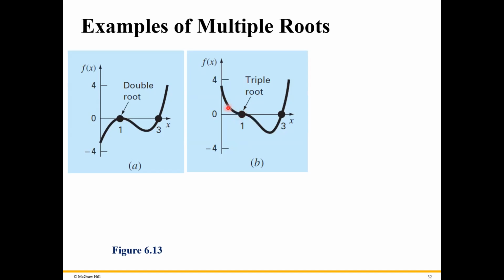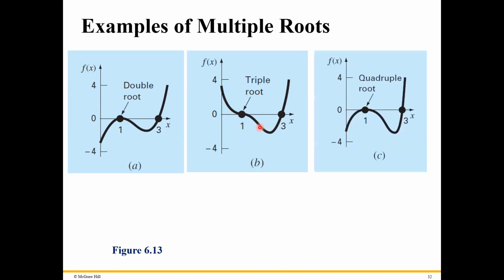So although we can apply the bracketing method, we cannot apply the Newton-Raphson method because the slope of the curve becomes 0. So for any triple root equation, the curve will cross the x-axis, but the slope of the curve at the x-axis will be 0.